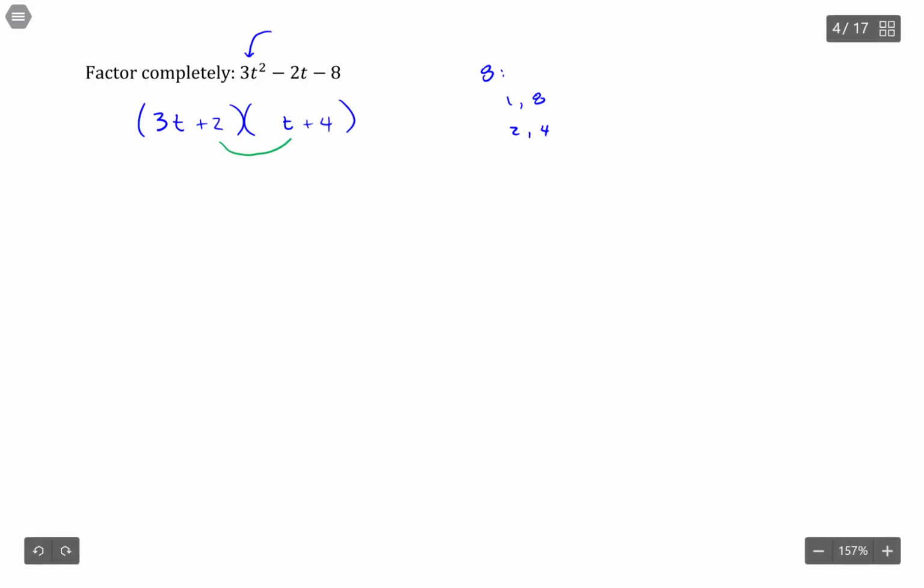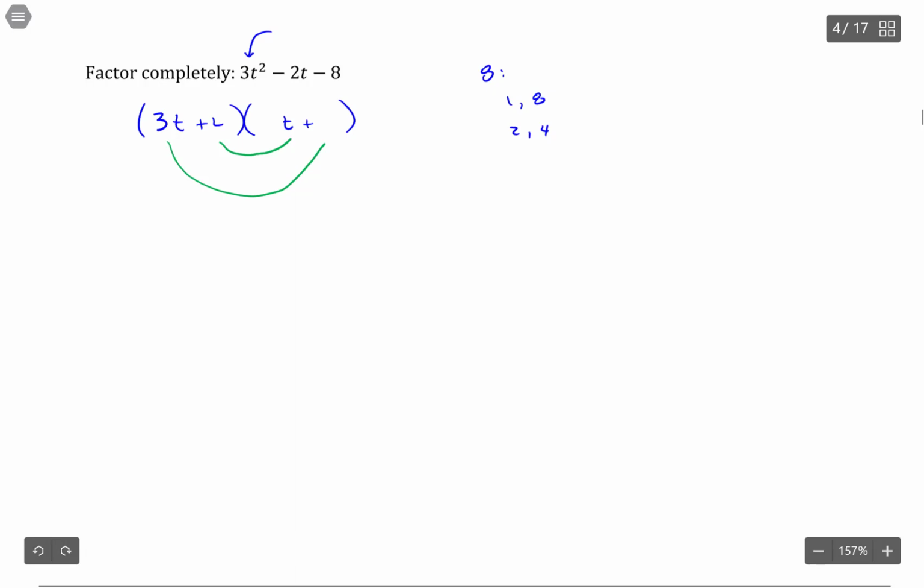So 2 times t would give me 2t. 3t times 4 would give me 12t. Oh, that's no good, because if one of these was negative, I could get a 10t or a negative 10t, or I could get 14t. That's it. I can't get 2. So I need to try another combination. All right, well, let's just reverse them.